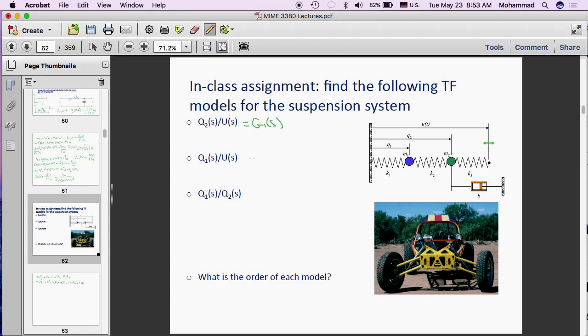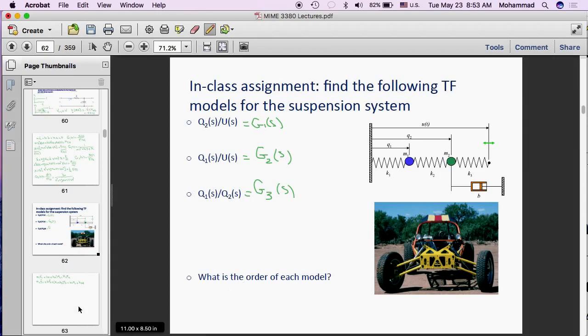In the second transfer function, the input is the same, it's u, but the output is the displacement of the first mass. So let's call this g2 of s. And the last transfer function, the input is displacement of the second mass, and the output is displacement of the first mass. We are going to call this g3. And once we have these, we can answer the last question. What is the order of each of these systems?